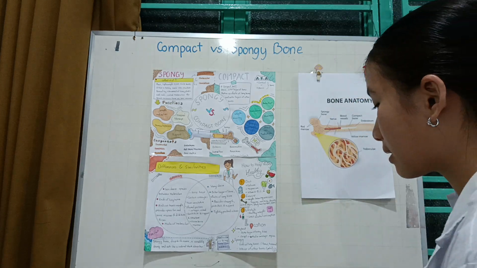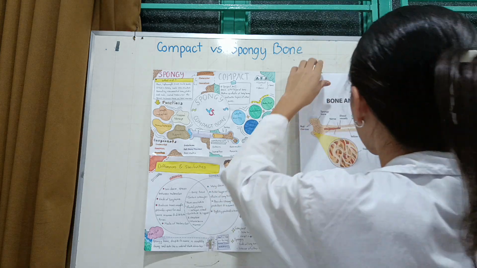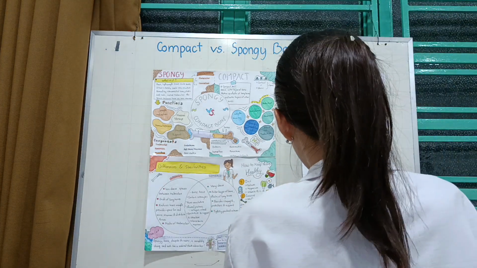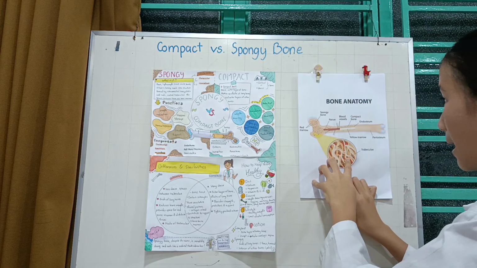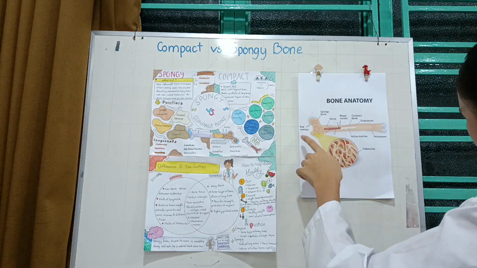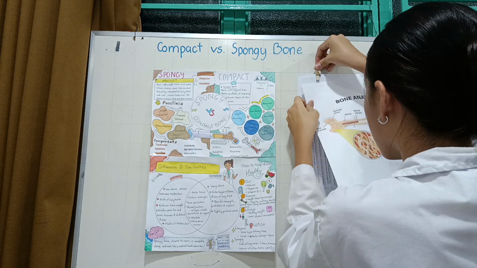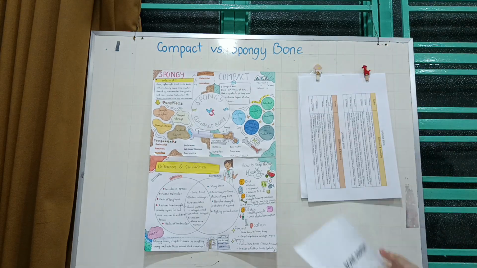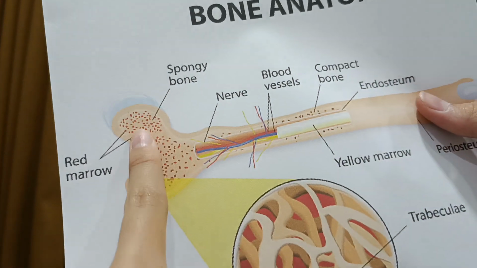So let me show you what that is. Okay, let me find. Here is the trabecula. Okay, so here is the spongy bone, as you can see here.